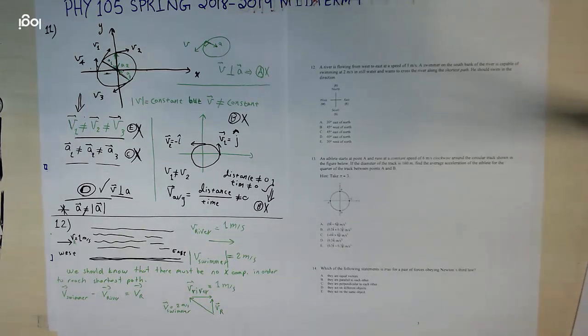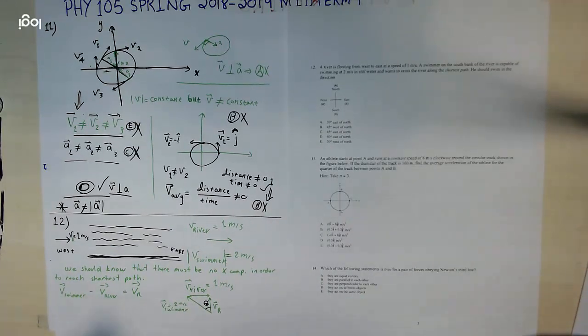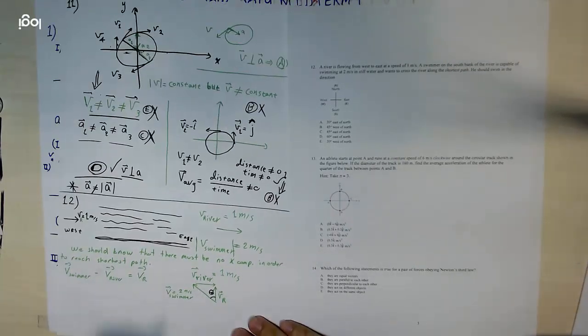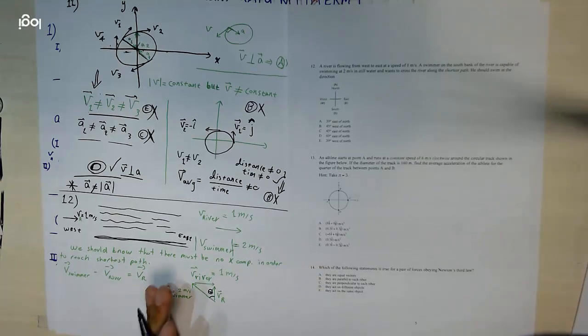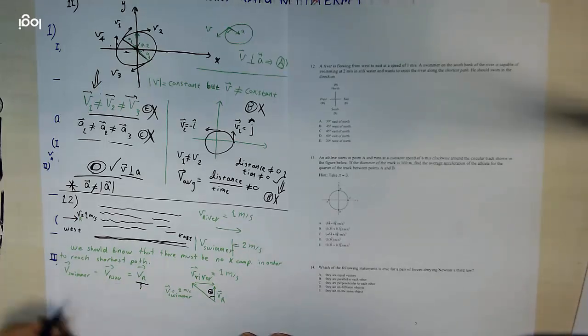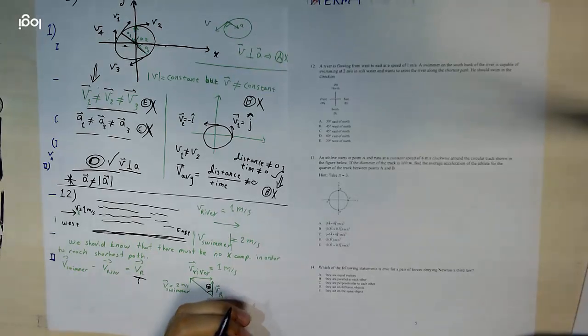Okay, let's come here. Velocity of the river is equal to 1 meter per second and maximum velocity of the swimmer is equal to 2 meters per second. How can we reach the shortest path? We should know that there must be no x component in order to reach shortest path, because if we have x component in the resultant velocity, we can't reach shortest path.